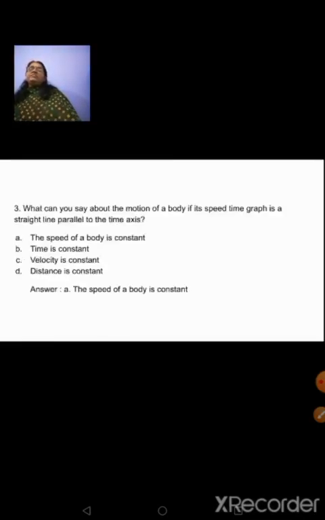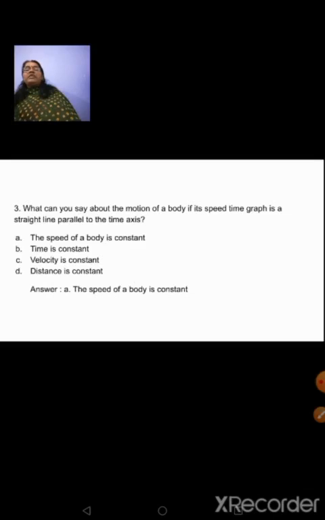Okay. Next, what can you say about the motion of a body if its speed time graph is a straight line parallel to the time axis? So when you have a straight line parallel to the time axis in a speed time graph, what is it telling about the motion of the body?